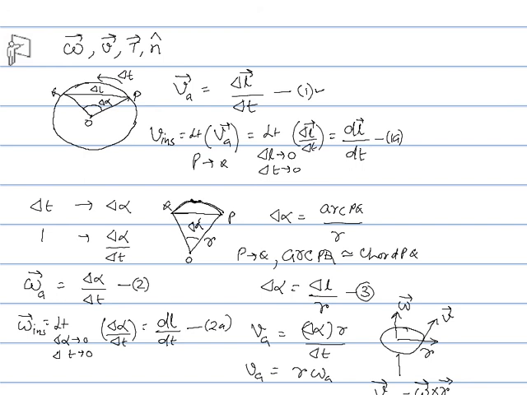Now we will find the relation between these physical quantities: frequency, time period and omega. So omega equals V by R. Let T be the time period.